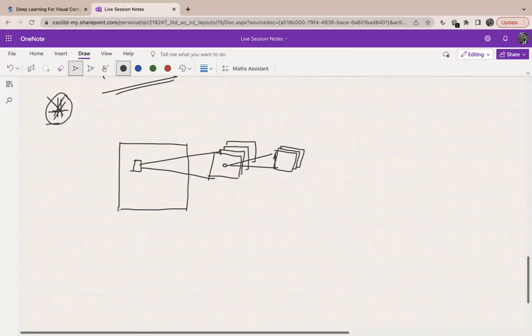So this is the basic setting of a convolutional neural network.